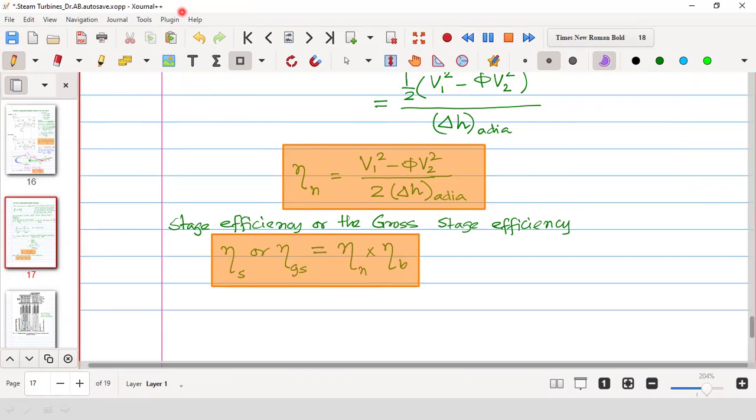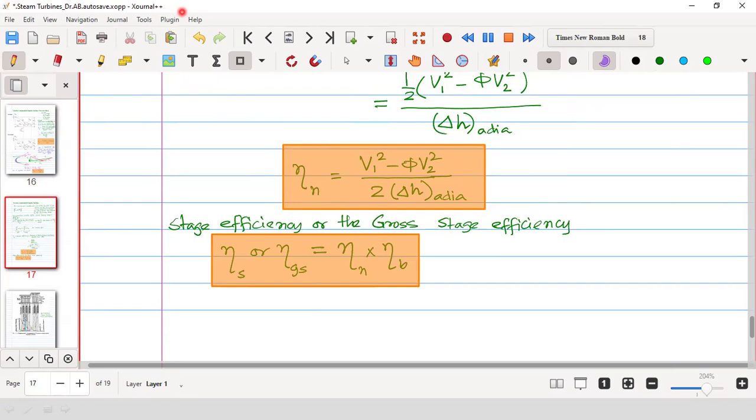Okay. Now there are other calculations that can be done, but I do not know whether that is there in the syllabus. It means rigorous calculation of the enthalpy drop and the corresponding gross stage efficiency.